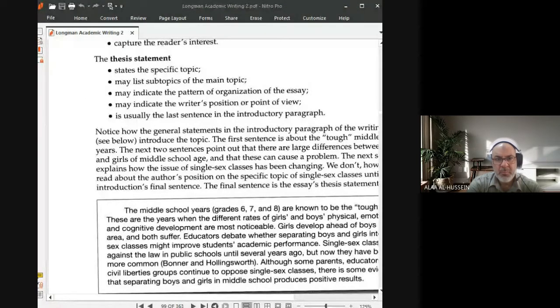Okay. ظهرت عندكم الآن مو؟ Yes. نعم دكتور. اوكي ممتاز ممتاز.